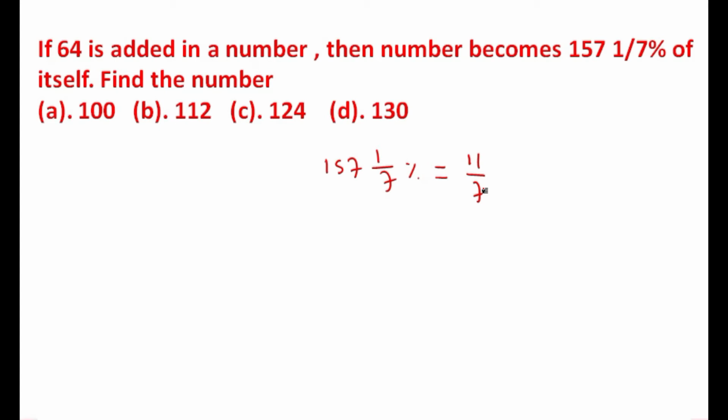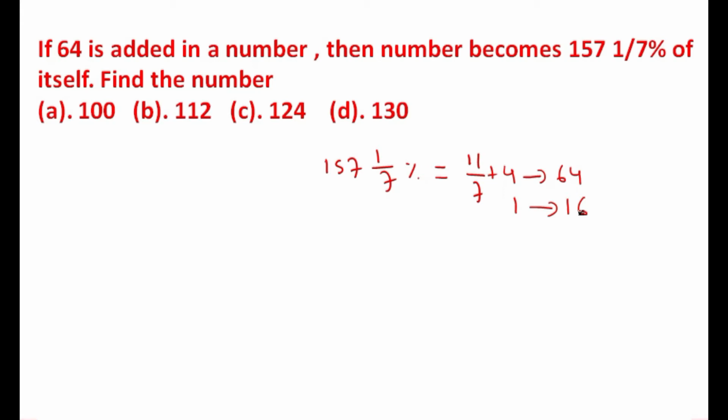Okay, so this 11 by 7, now it is written that if 64 is added to a number, then the number becomes 157 1 by 7% of itself. But here we can see it is only 4 that is added, but in the question 64 is added. So 1 represents 64 divided by 4, which is 16.